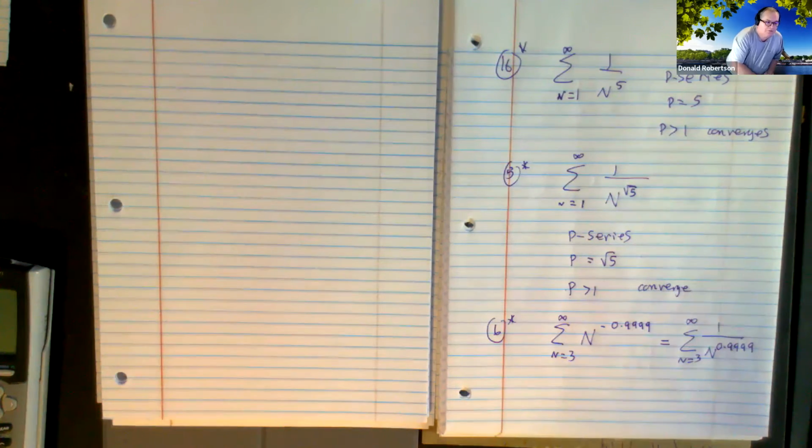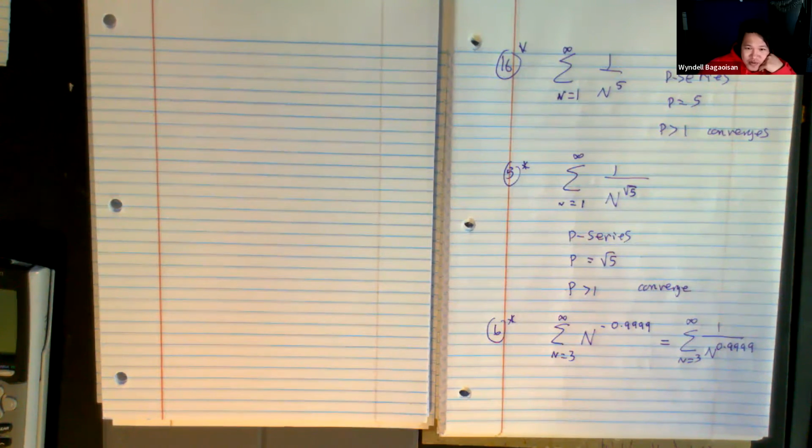Do you see the way I've written it? It now looks like a P-series, doesn't it? Won't its P value be 0.9999? Converge or diverge? Diverge. Yeah.